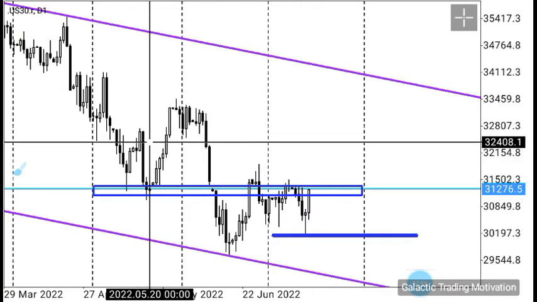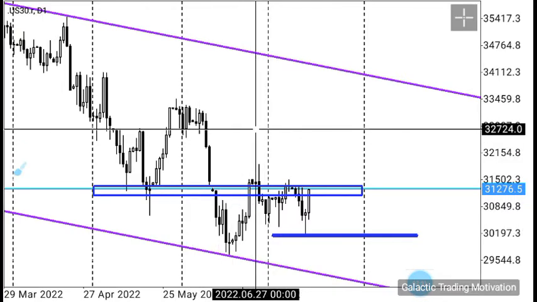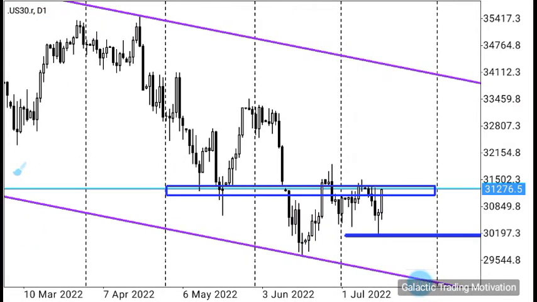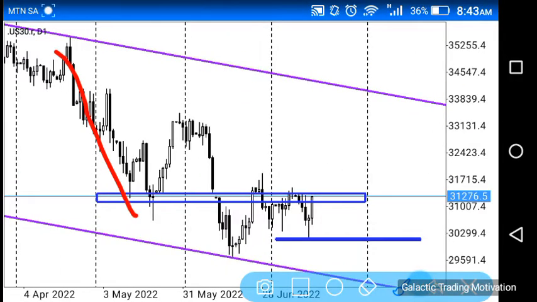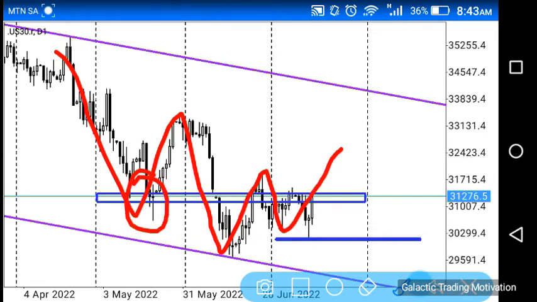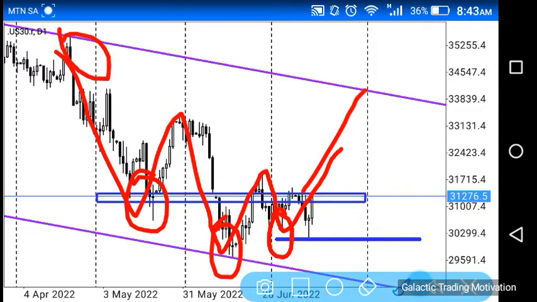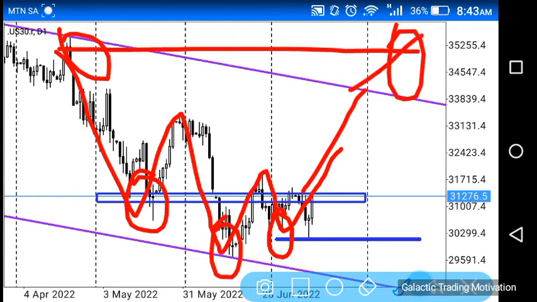So what do we see on the daily chart that is interesting? On the daily chart, I see an inverted head and shoulders pattern, with this being the left shoulder, this being the head, and this being the right shoulder. So the anticipation is that price should move further up to complete that head and shoulders pattern, right?